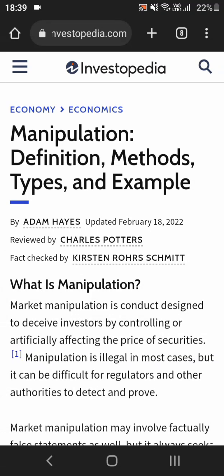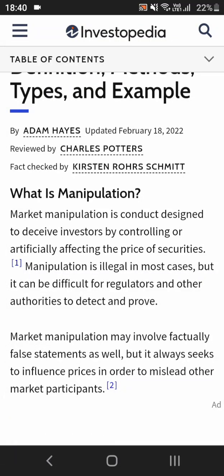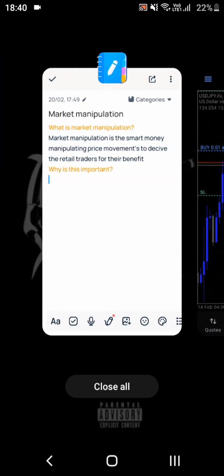If you are confused about any forex term, any financial market information or concept that you can't grasp, just go to investopedia.com. What is market manipulation? Market manipulation is conduct designed to deceive investors by controlling or artificially affecting the price of securities. That was the forex trading term.